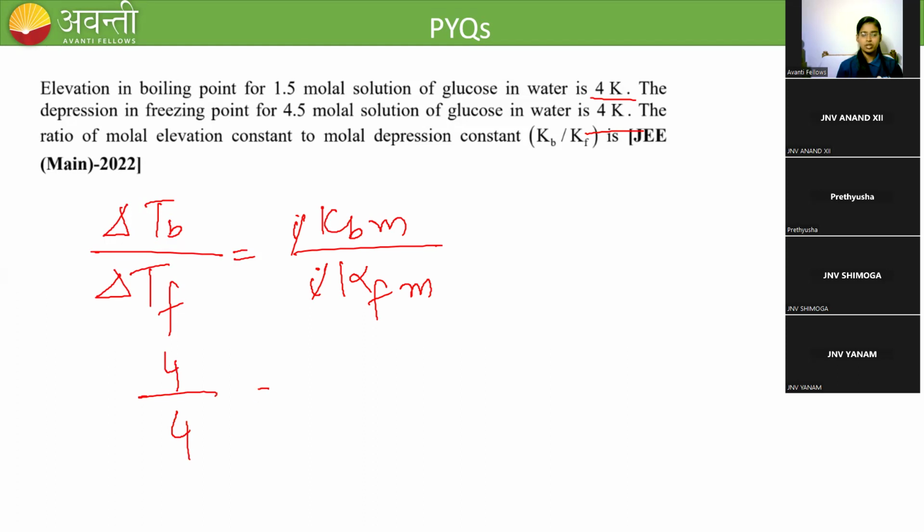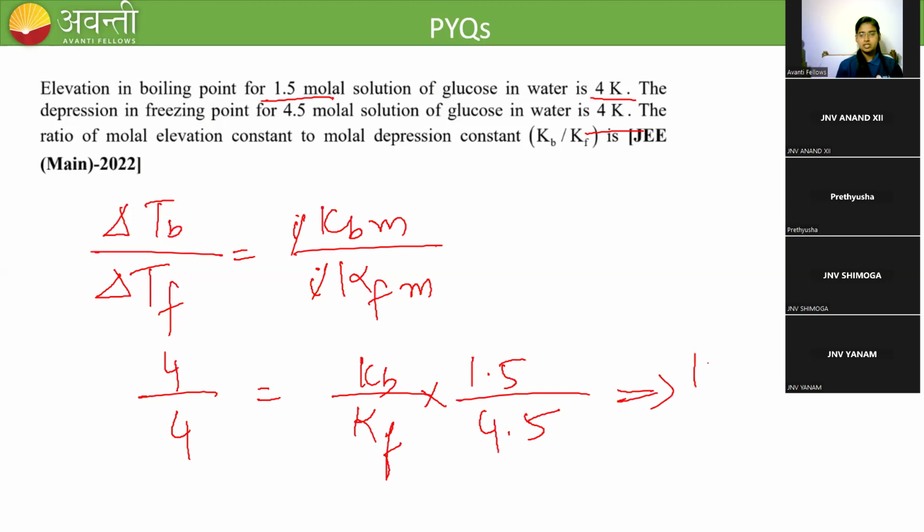So 4 by 4 is equal to Kb by Kf into molality. Molality is given as 1.5 for boiling point and 4.5 for freezing point. From this, Kb by Kf is equal to 3. The answer will come out to be 3.